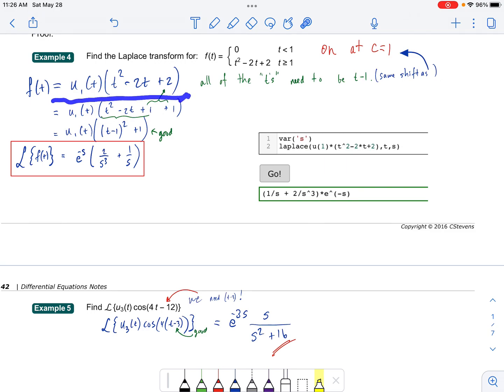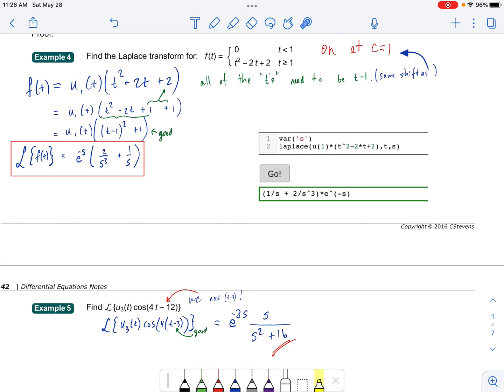If I write it as t squared minus 2t plus 1, that's a perfect square, t minus 1 squared. But since I have plus 2 in my original function, I need to add another plus 1 right here. So my unit step function times t minus 1 quantity squared has the same shift as my unit step function, and then plus 1.